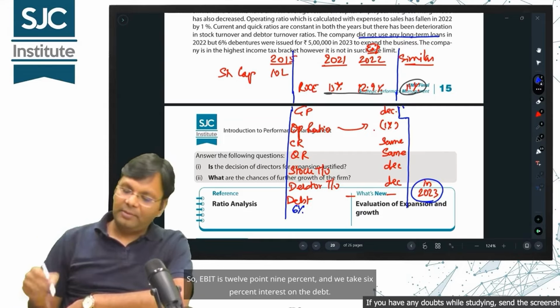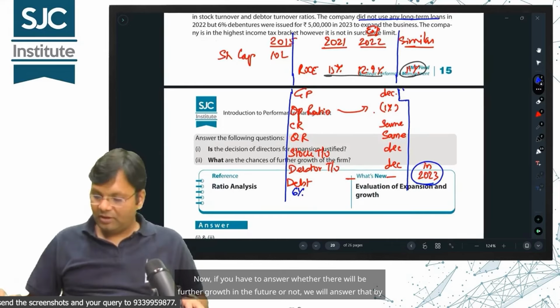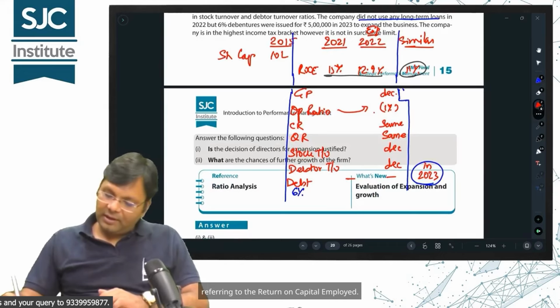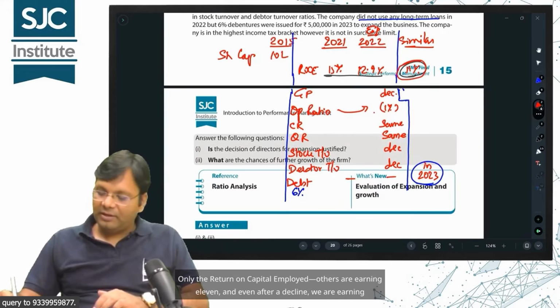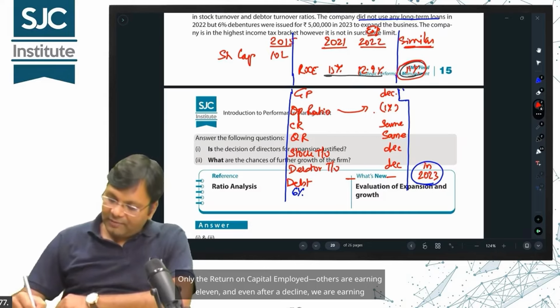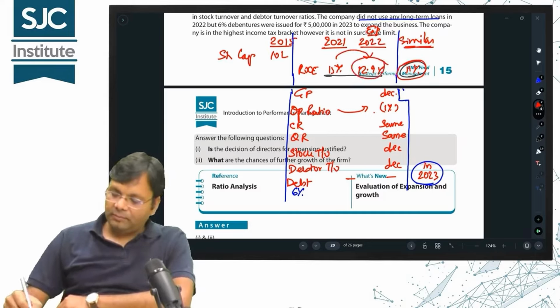Now, there could be other ways to reason this out as well. I am sharing my version with you. If you have to answer whether there will be further growth in the future or not, we will answer that by referring to the return on capital employed. Only the return on capital employed: others are earning 11, and even after a decline, we are earning 12.9. So, we are earning better than the industry.